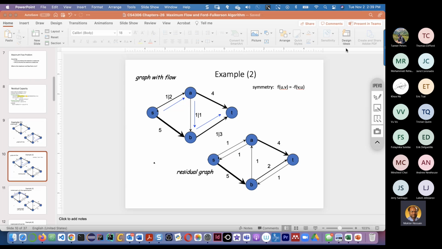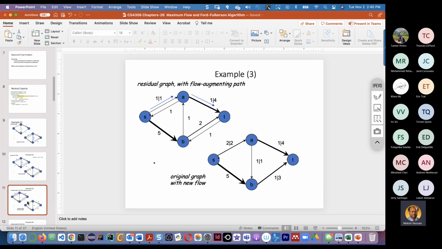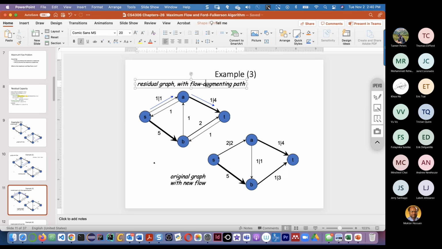I'm sorry, I missed deleting that one. So this one is a residual graph with a flow augmenting path. This is the original residual graph, the black one, and the new blue path is the augmented line.